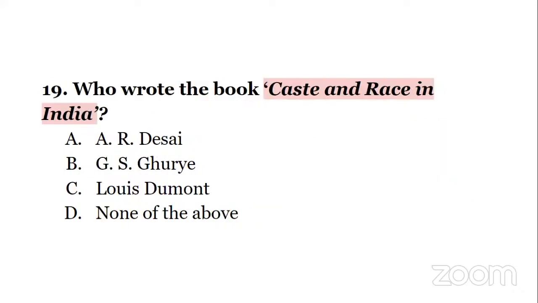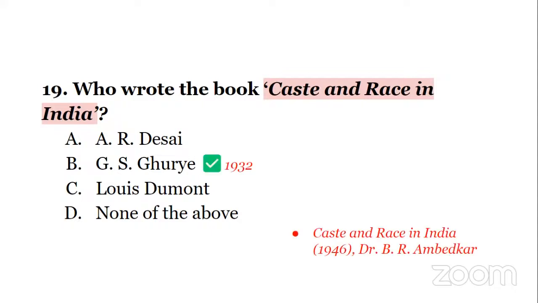Next question. Who wrote the book Caste and Race in India? The options are A.R. Desai, G.S. Ghurye, Louis Dumont, or none of the above. The right answer is G.S. Ghurye. One thing to keep in mind is that there are two books with the same title, Caste and Race in India. Ghurye's book was published in 1932, but Ambedkar also wrote a book named Castes in India, published in 1946.